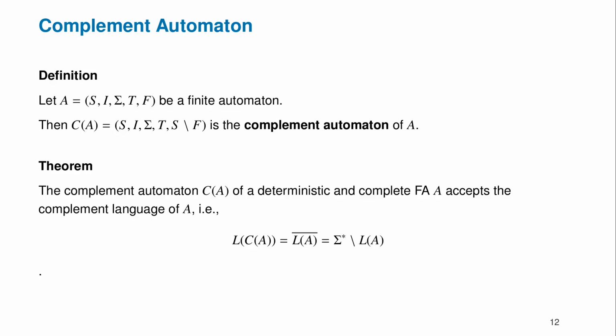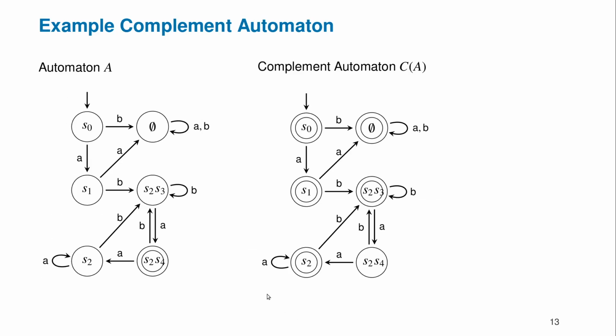Let's have a look at an example. Here we have this big automaton from before. This was the automaton we obtained by the power automaton construction, so we know that it's deterministic and complete by construction, and here we have one final state. What we do now is we simply make this final state a non-final state, and the other states become final states.